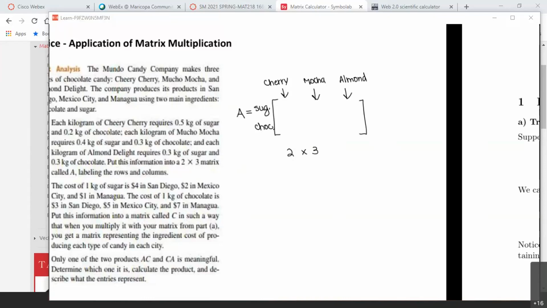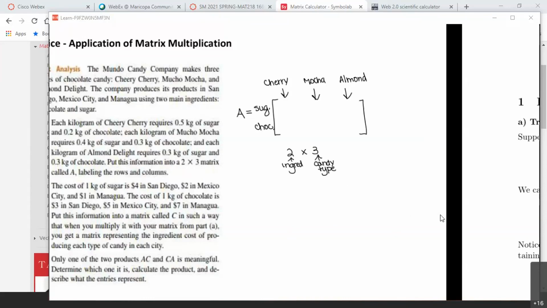So you've got size, but it's important to remember this is ingredients and this is candy type. So not only do you have the numbers on the dimensions, but you have a meaning associated with the rows and the columns, yeah?